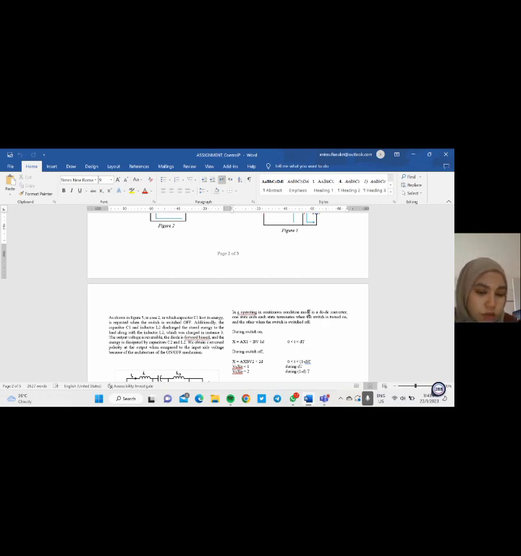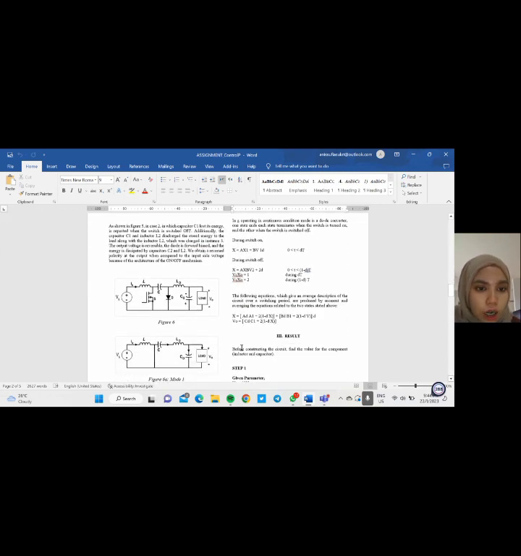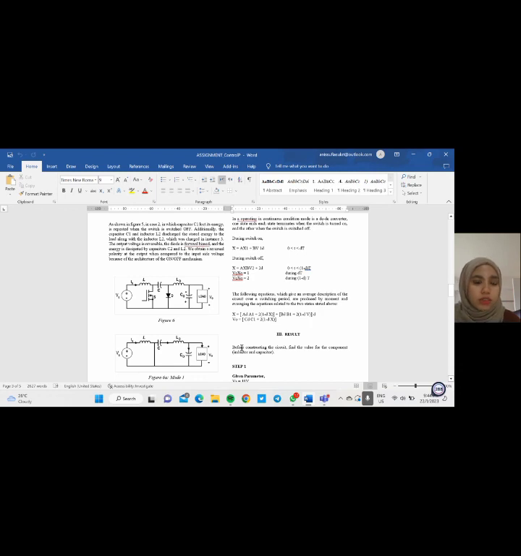The output voltage is reversed, the diode is forward biased, and the energy is dissipated through capacitor C2 and L2. We obtain a reverse polarity at the output compared to the input side voltage because of the architecture of the on-off mechanism.